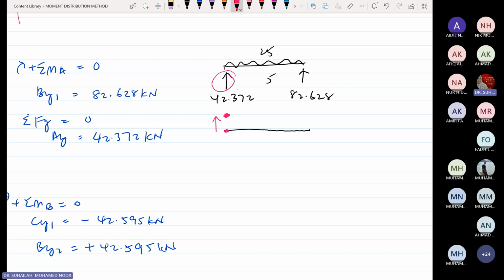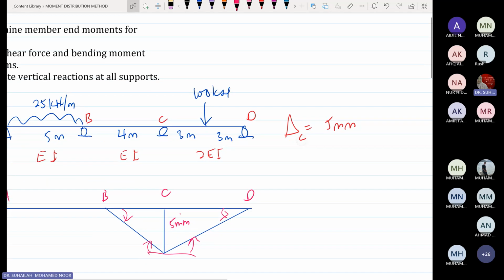This point is equivalent to 42.372. Then we minus 25 times 5. 42.372 minus 25 times 5, we get negative 82.628 as the next point. This is the negative side. The upper is positive, the lower is negative.